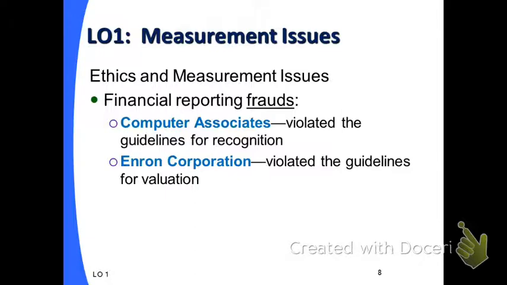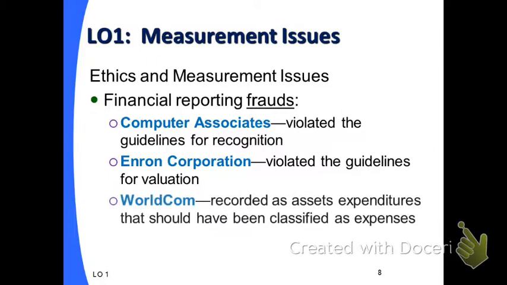It violated the guidelines for valuation. It valued assets it had transferred to related companies at more than their actual fair value. And then lastly, WorldCom. It recorded asset expenditures as assets when they should have been classified as expenses.